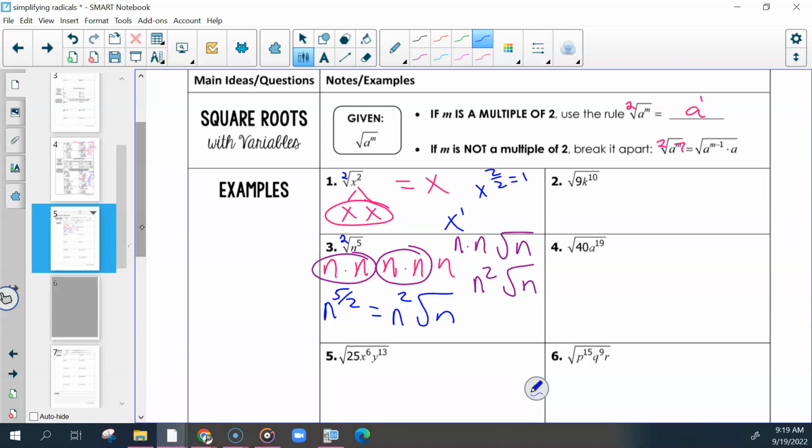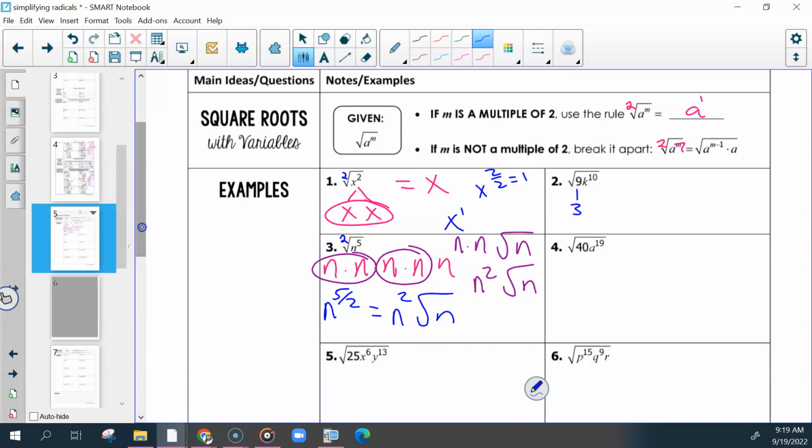So in number 2, when we have numbers and variables, you have to do the method to both. So I would say think one piece at a time. First, is 9 a perfect square? Yes. What is the square root of 9? 3.